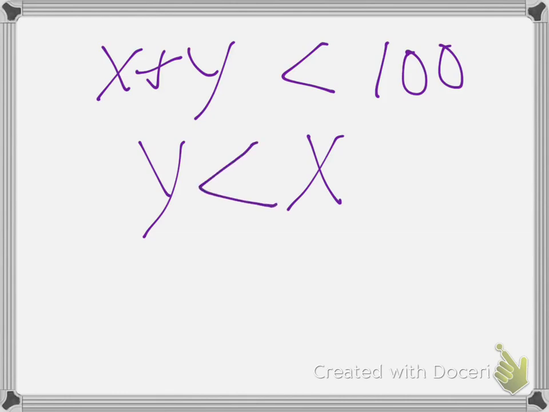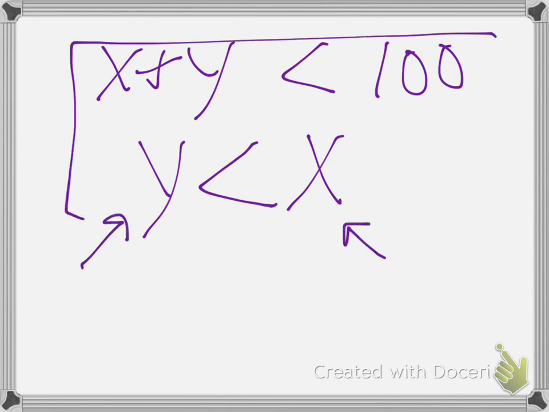Less than, because she had more apples than she did pears. Now we have written that system. That is our system of inequalities. So we've done what they've asked in number 8.